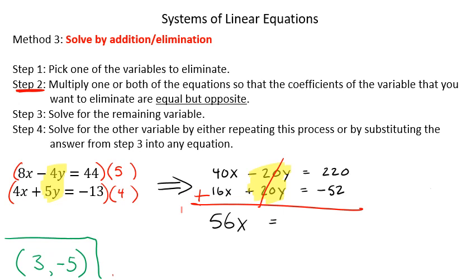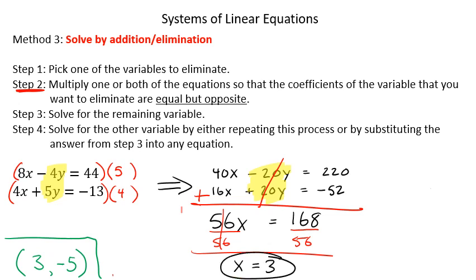And on the right-hand side, we'll have 220 minus 52, which is 168. And if we divide both sides by 56, we get, no surprise, x is equal to 3. We already knew x equals 3 was the answer.